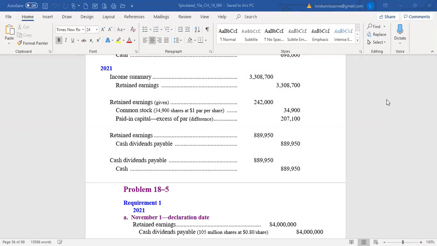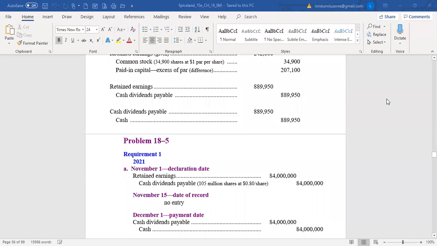Now the date of record, which is November 15th, that's an administrative date. That's the ownership cutoff date. So stockholders who own the stock on November 15th will receive the cash dividend. No journal entry is necessary. But on December 1st, when the dividend is paid, now we have the ultimate payment date.